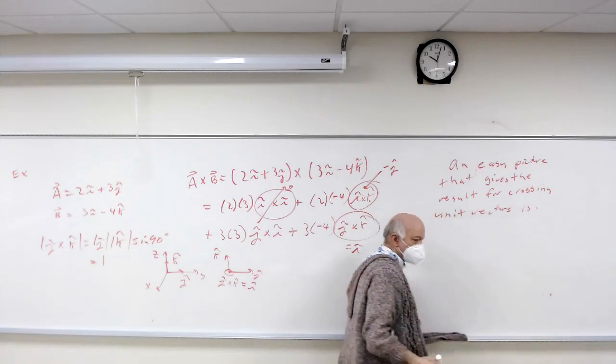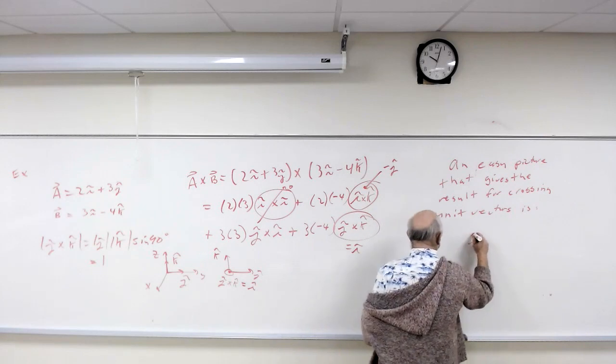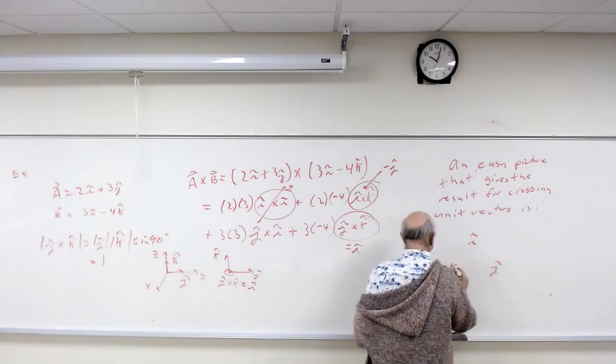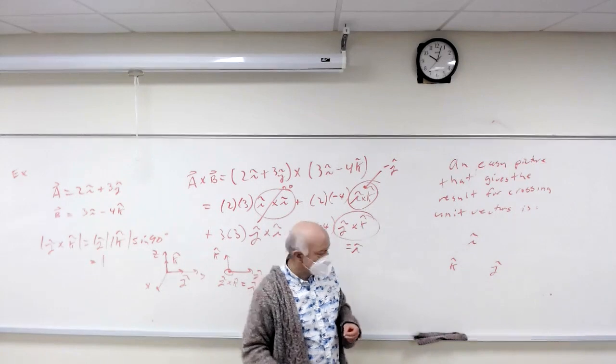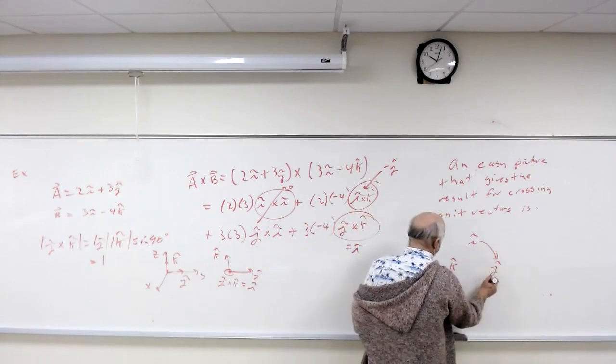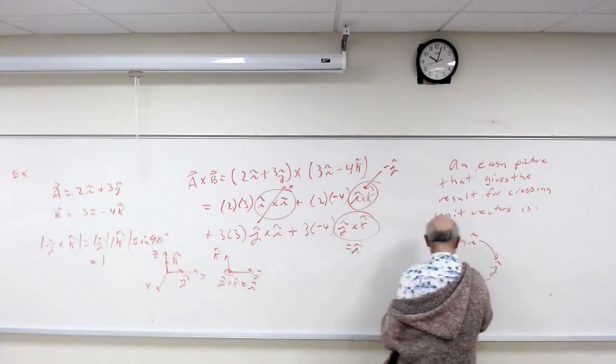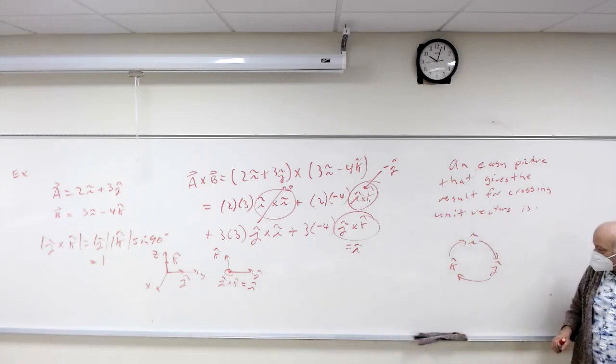Is the following. You put I, J, and K in a circle like this, and you go this way, and then I have little arrows like this. And now this is how this works.